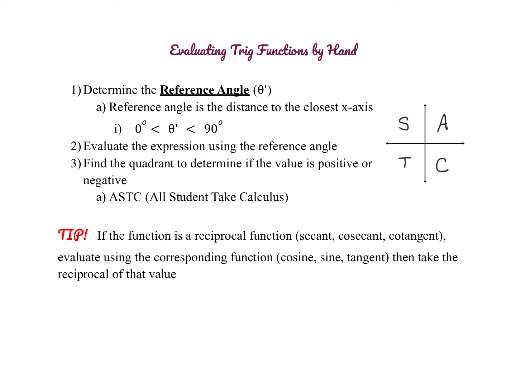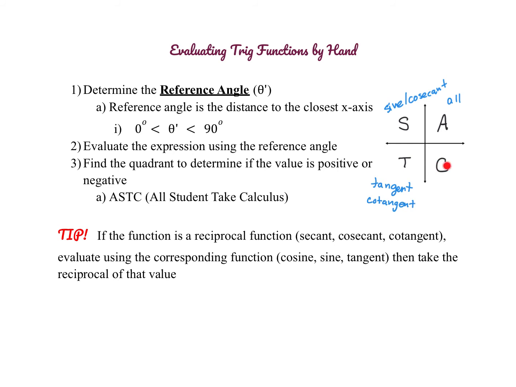So in quadrant 1, all of your functions are positive. A stands for all. In quadrant 2, only sine and its reciprocal function, which would be cosecant, are positive. So sine is positive in quadrant 2. In quadrant 3, tangent is positive, and then its reciprocal function will match, so cotangent.